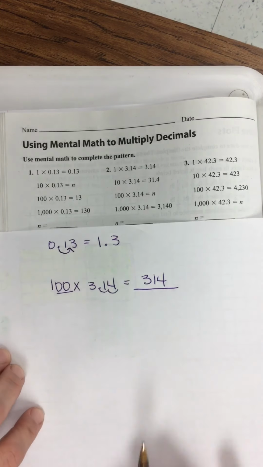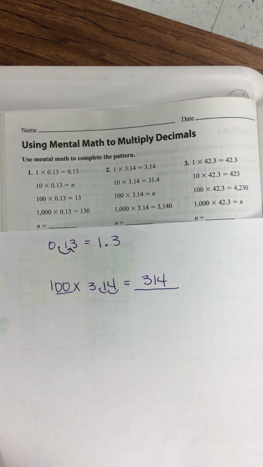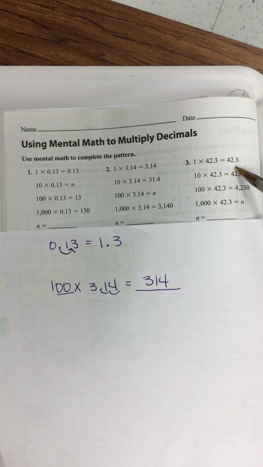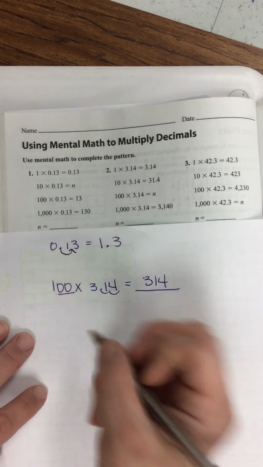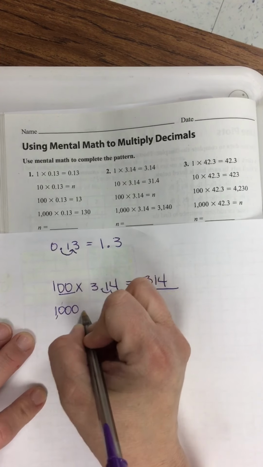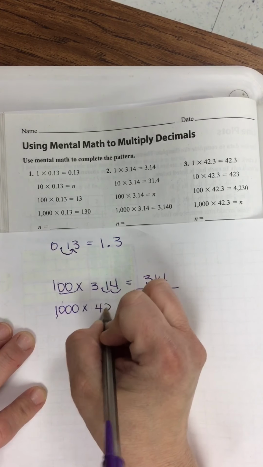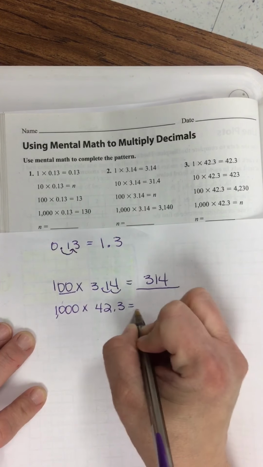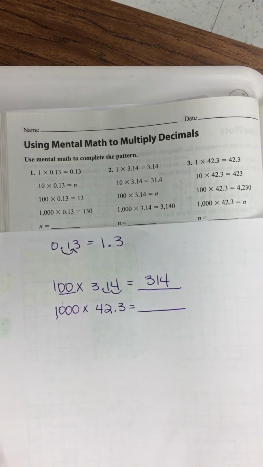All right, look at number 3. Number 3 says 1 times 42 3/10, and that stayed the same. 10 times 42 3/10 became 423. 100 times 42 3/10 equals 4,230. So I want you to do 1,000, which has 3 zeros, times 42 3/10, and see what you get as your answer.